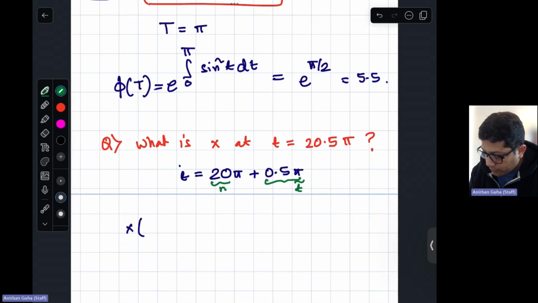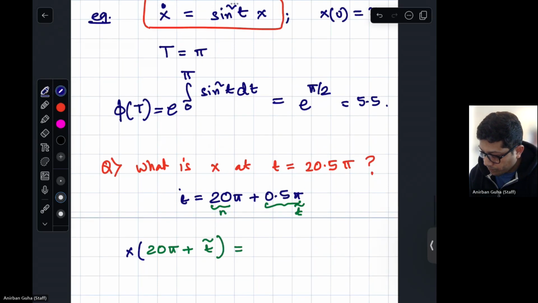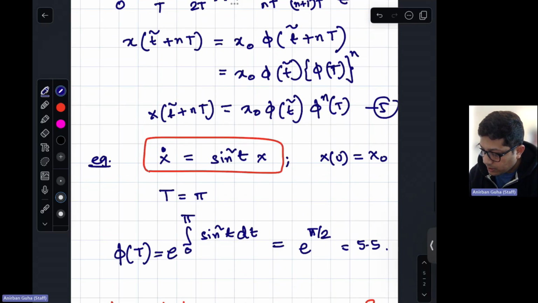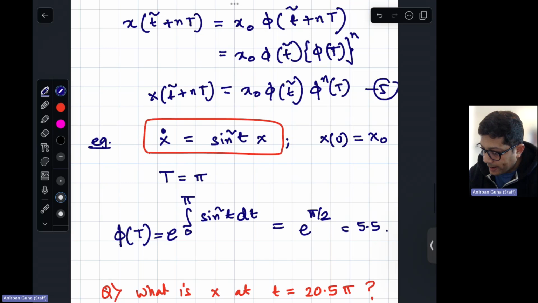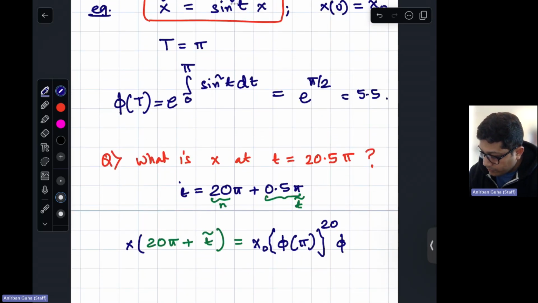So x of 20 pi plus t tilde is nothing but x0 phi of capital T, and you know that capital T is pi, and n is 20, to the power 20. I'm just using equation 5.